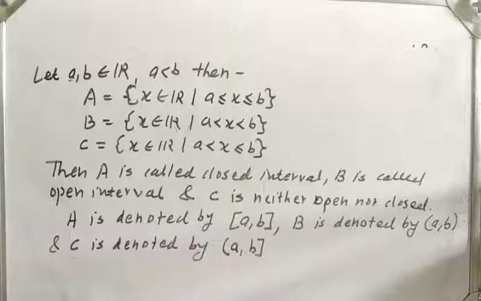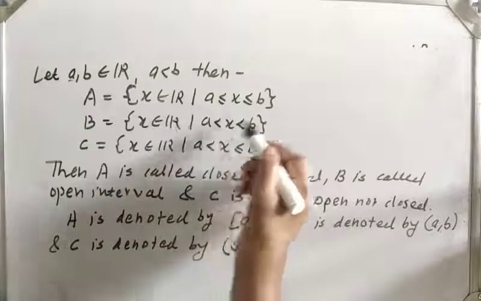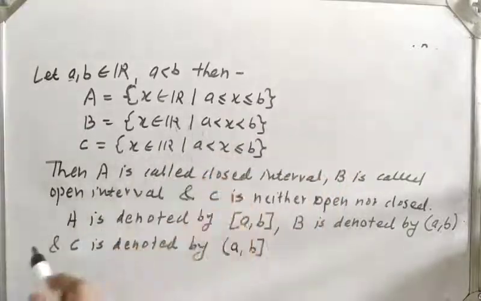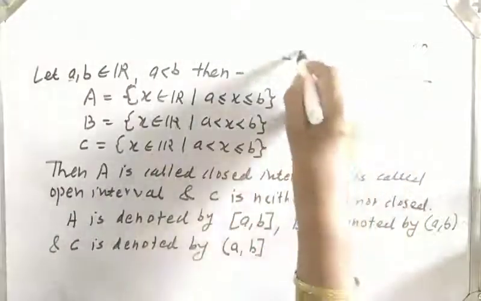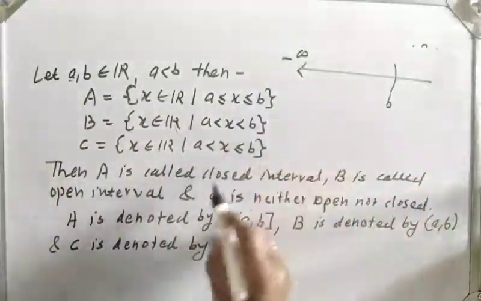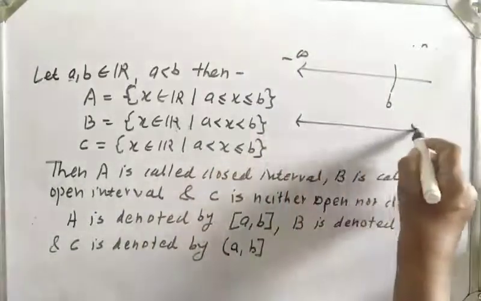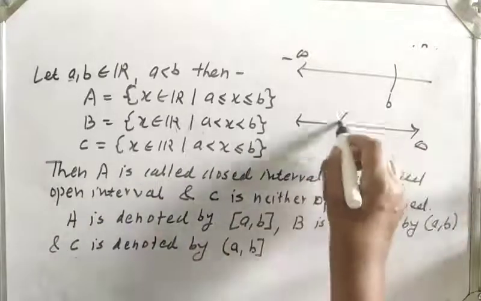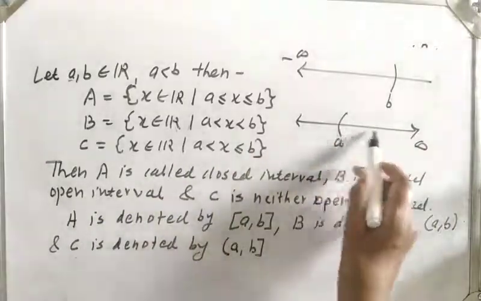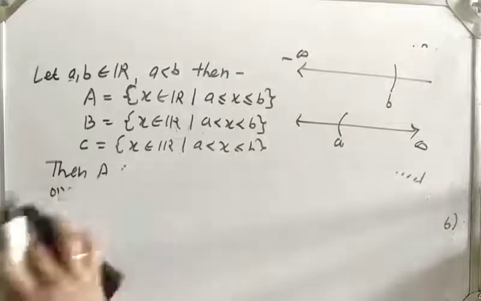Now in these examples, if A is minus infinity or if B is infinity, then what happens? If A is minus infinity to some B, then this interval is an infinite interval. Or if B is infinity and A is somewhere here, then this is also an infinite interval.